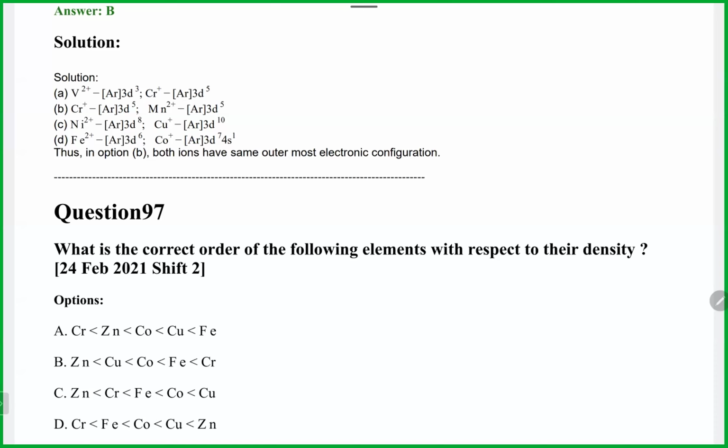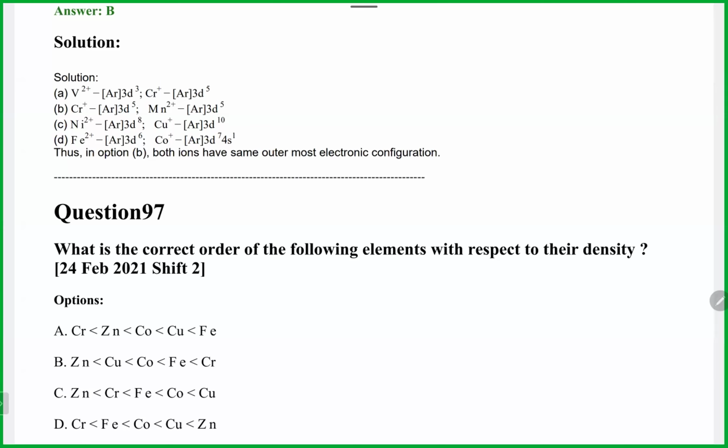If you see density, it means size is smaller, because you know density depends upon two features. One is mass, directly dependent upon the mass, and inversely dependent upon the volume. Here you don't have much difference in the mass. Correct? Volume is the major criterion.